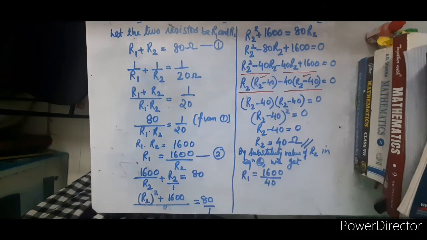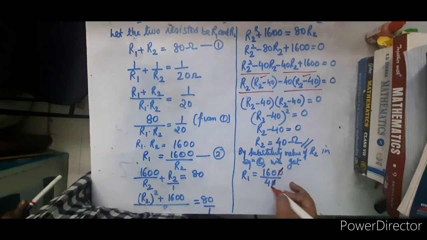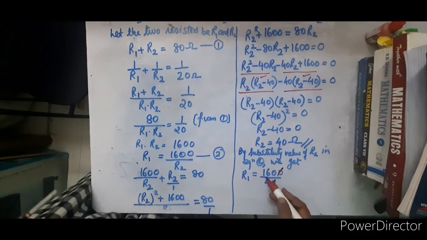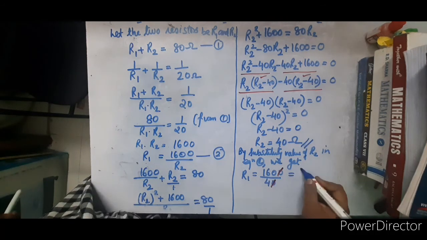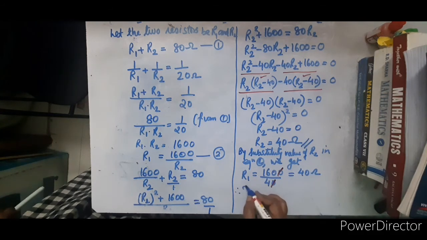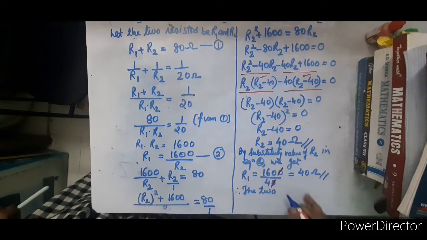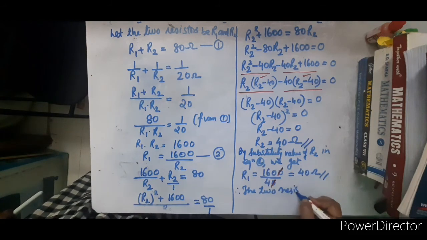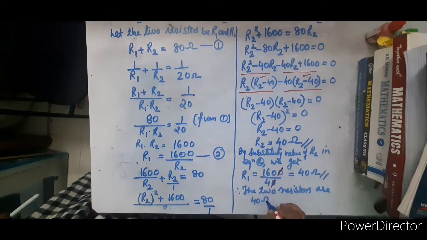So if you cancel the zeros, okay, and if you cancel this off, what is left with us is 40 ohms. So therefore, this is R1, the two resistors are 40 ohms and 40 ohms.